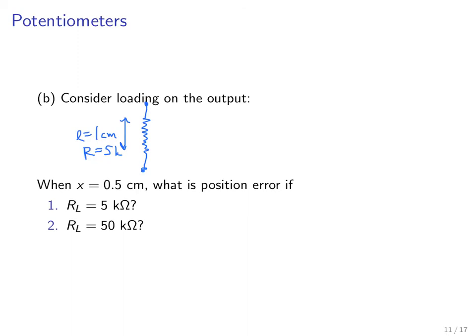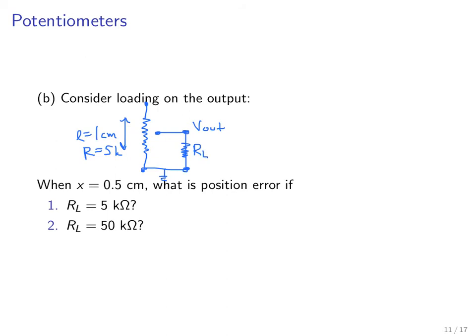And we're going to be measuring Vout across the input impedance of some amplifier or filter or whatever circuit, and then it's going to be grounded.